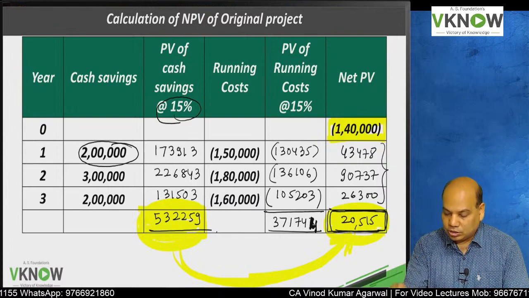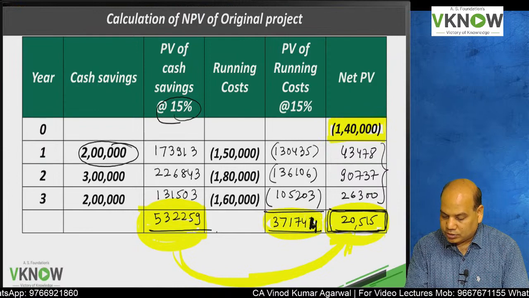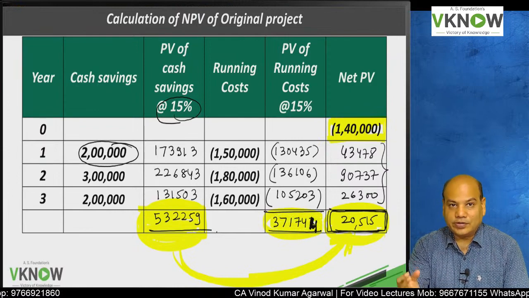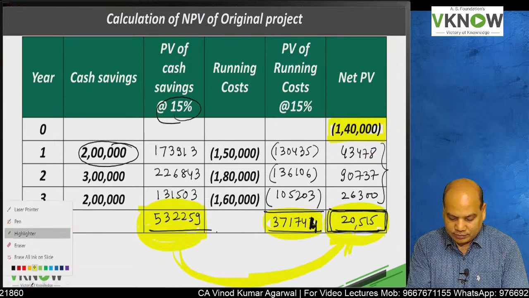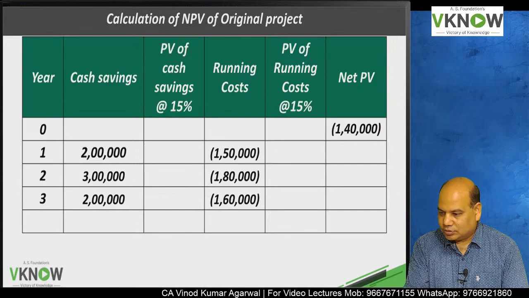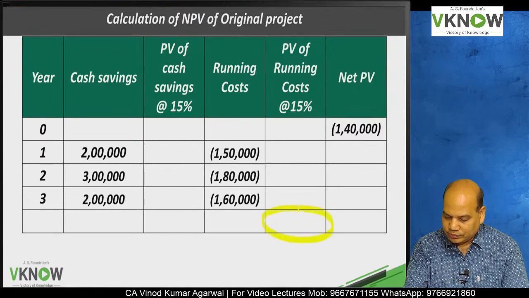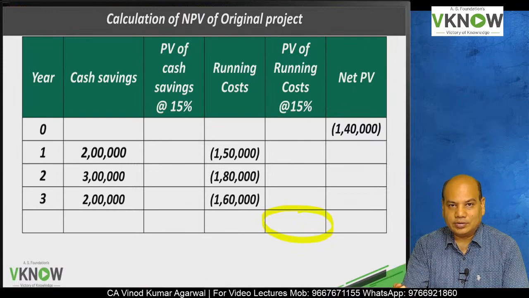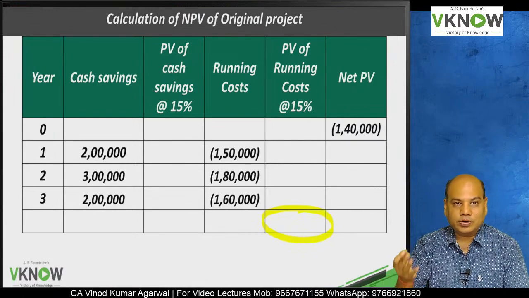Similarly, for running cost, if the PV of running cost increases by 20,515, my NPV will become 0.